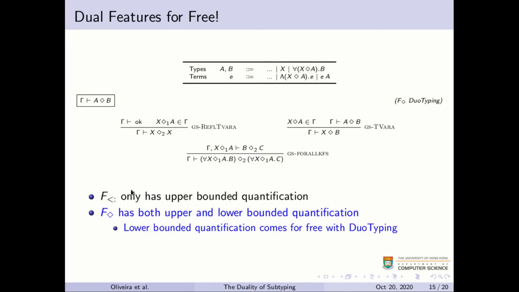The traditional F sub only has the upper bounded quantification, while F sub with duotyping gives us both upper bounded quantification as well as lower bounded quantification, and this comes for free in duotyping. If we see the GS for all KFS here, we see that this type variable X has a mode relation with A. So this is not specific to just subtyping. This mode could either be subtyping or supertyping.